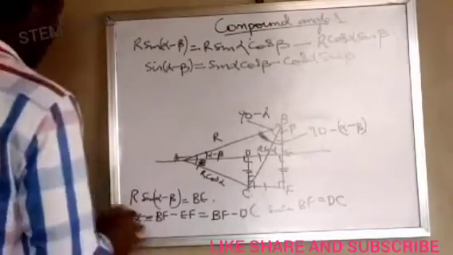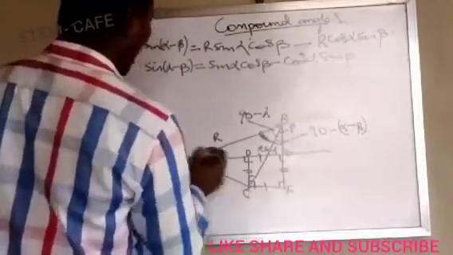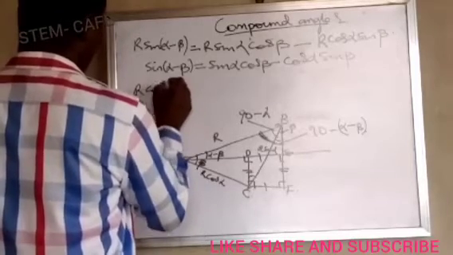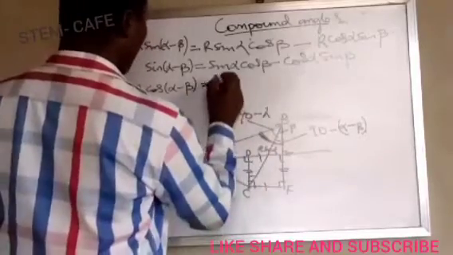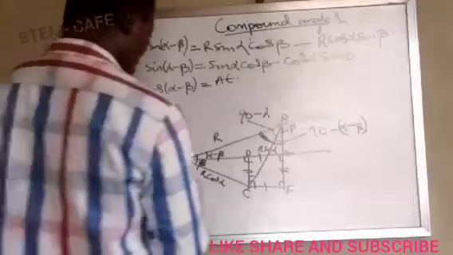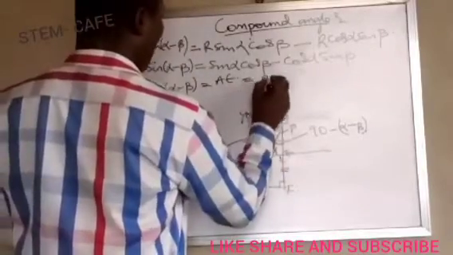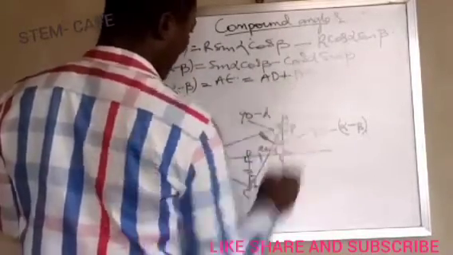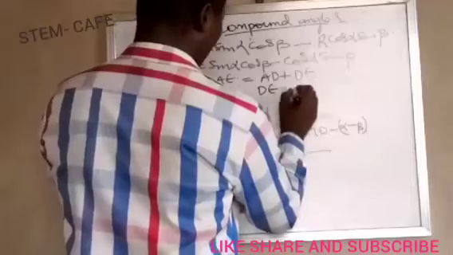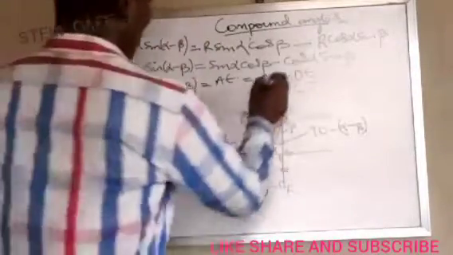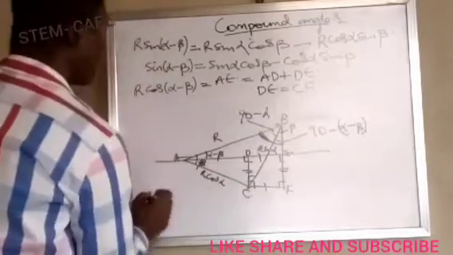Now for cosine, R cos alpha minus beta is equal to AE. And AE is equal to AD plus DE. But DE is equal to CF. So, what is AD?